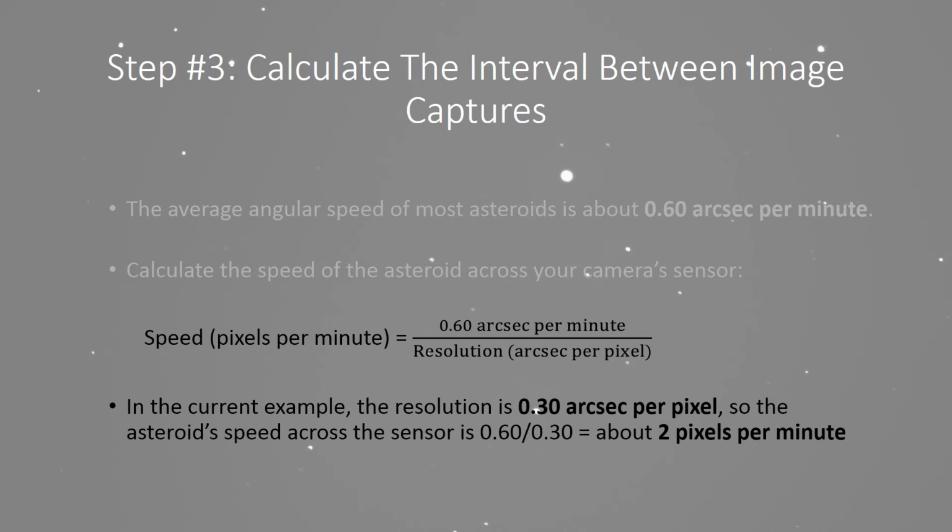If we continue with the data in the current example, the resolution is 0.3 arcseconds per pixel, so the asteroid's speed across the sensor is 0.6 divided by 0.3, which is about 2 pixels per minute.